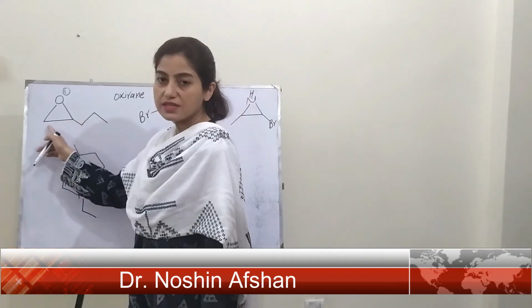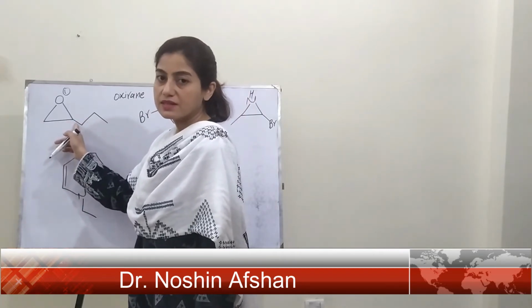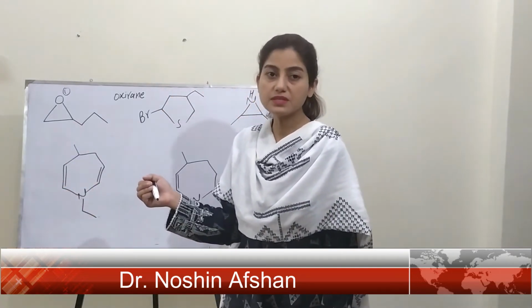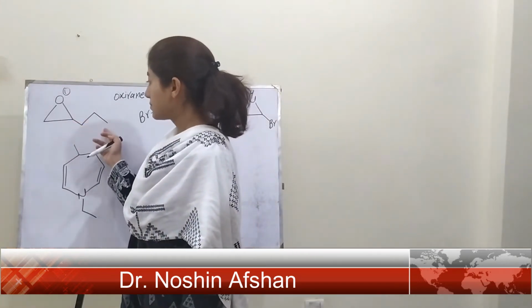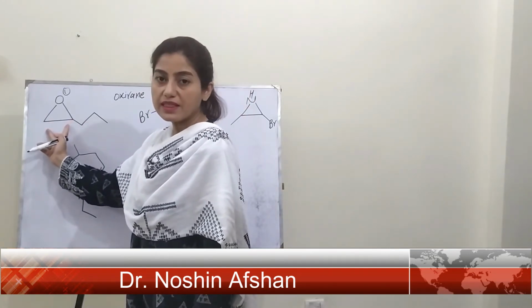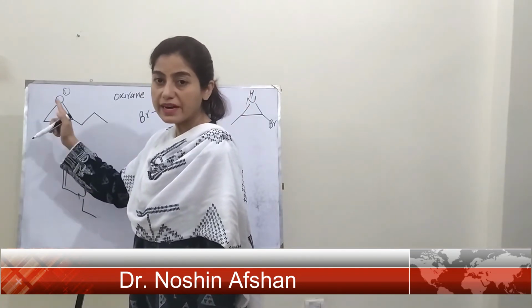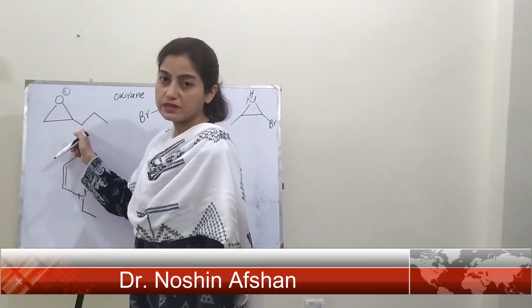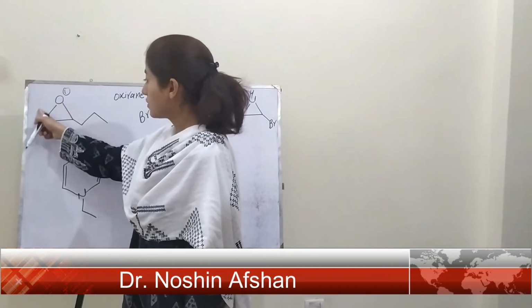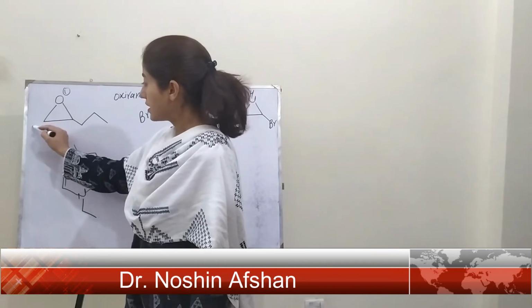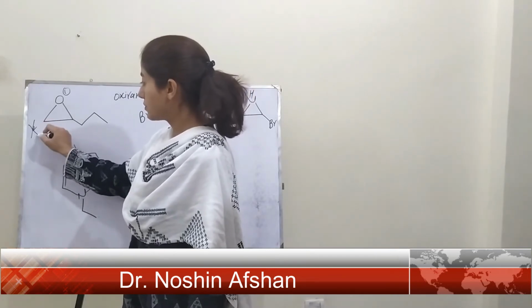So now start the numbering here, and if you recall the rule, if both positions are the saturated ones, then you may start the numbering from either side, but in the absence of any substituent. In the case of the presence of a substituent and both positions being saturated, the preference is given to that saturated position that contains a substituent as well. So we will not give the numbering from this direction, it would be wrong.